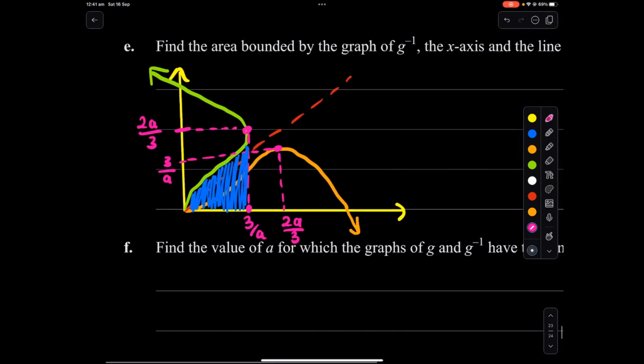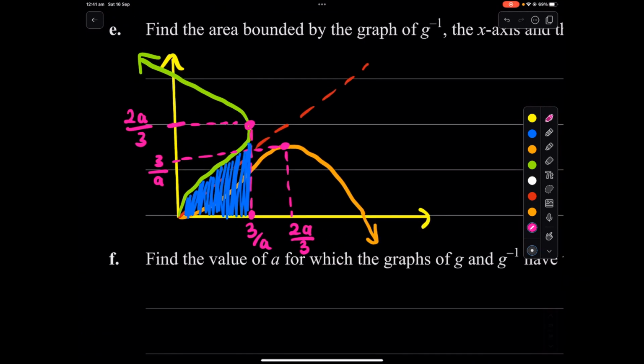Okay. So let me just use this. And let me just make it small. Okay, so we wanted that area, so how can we take it? If we want the area, that area is the same.